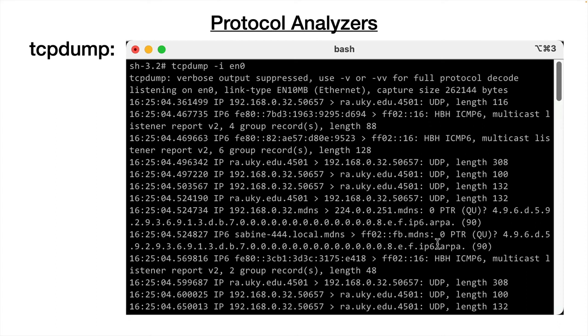The same information is there, or at least very similar information to what we saw in Wireshark and CloudShark, but again, not quite as nice of a user interface. So that's what I wanted to run through real quick and make sure you understood protocol analyzers and had some idea about the software we would be using this semester.